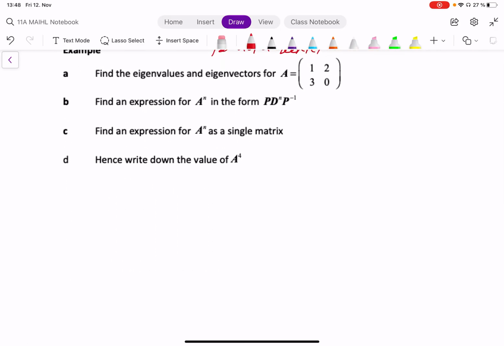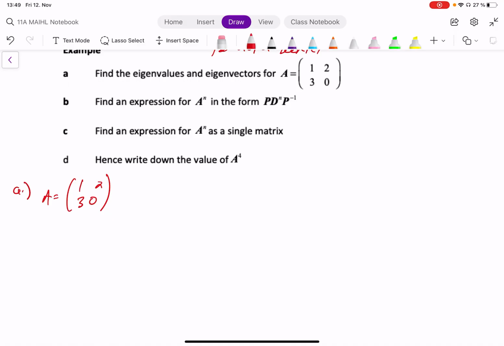So the first part says find eigenvalues and eigenvectors for this one. And so we have this matrix A is 1, 2, 3, 0. If I want to find the eigenvalues, remember it's the determinant of the matrix, and that should equal 0. Sorry, not quite the determinant.